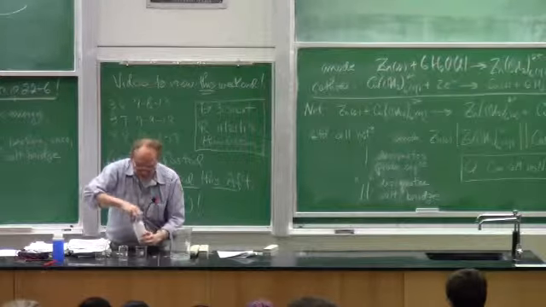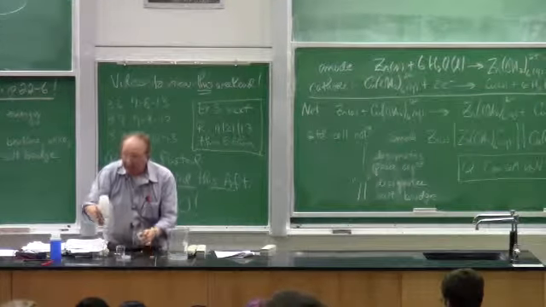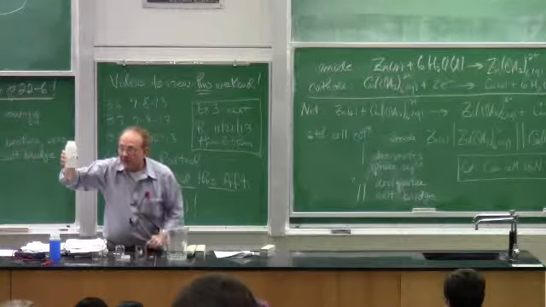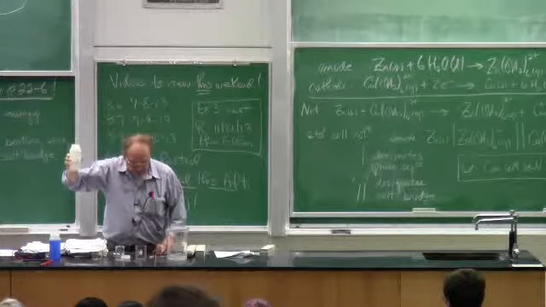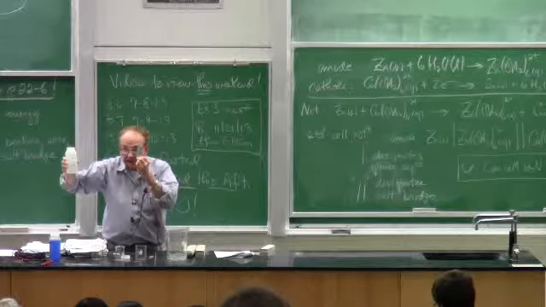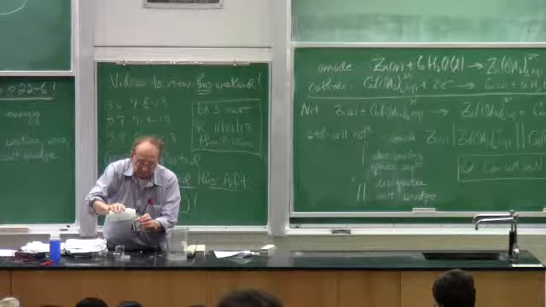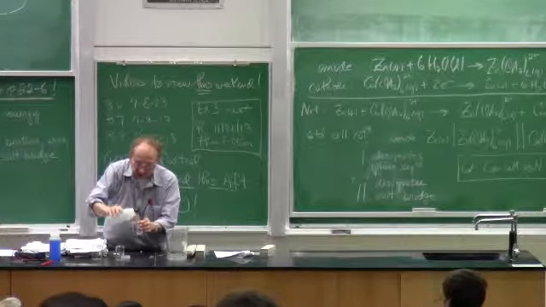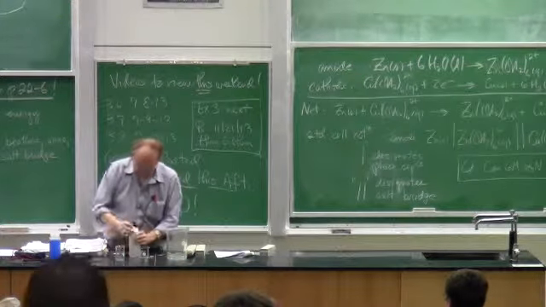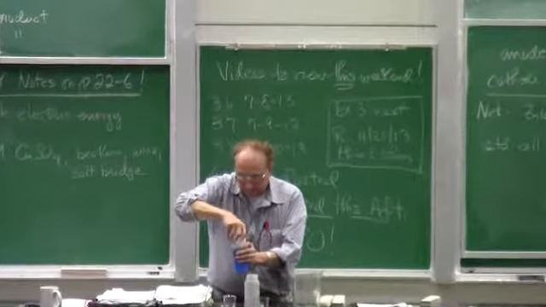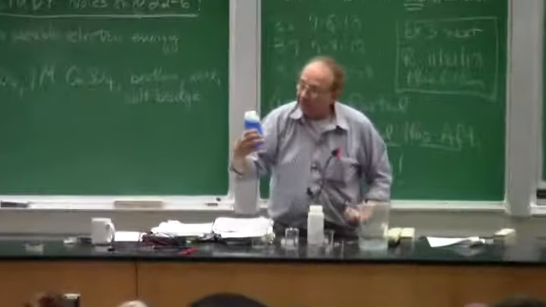You take a solution which contains the conjugate oxidizer of each of these reducers. For zinc, that's hydrated zinc ion, if we're considering this occurring in water, okay? And for copper, that's hydrated copper ion.